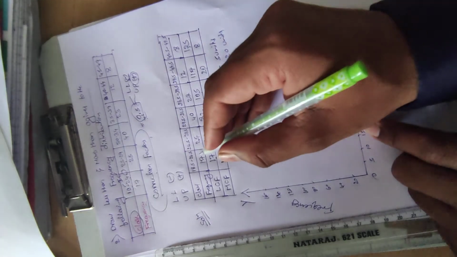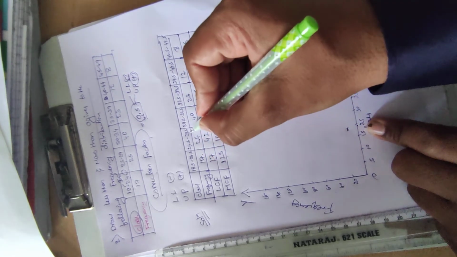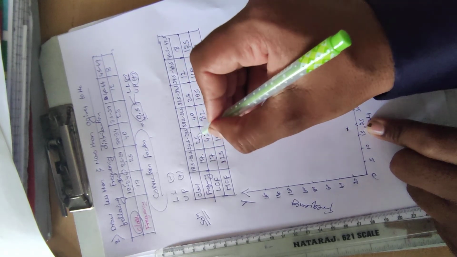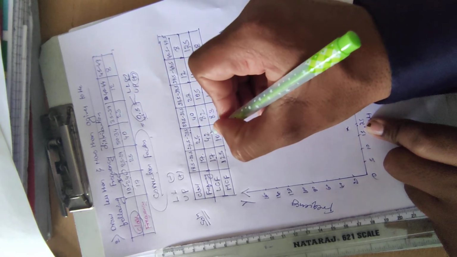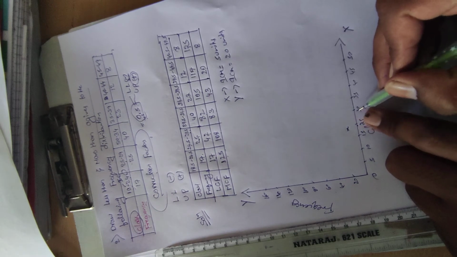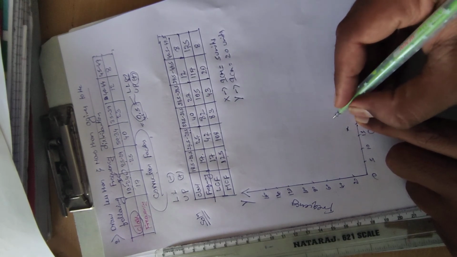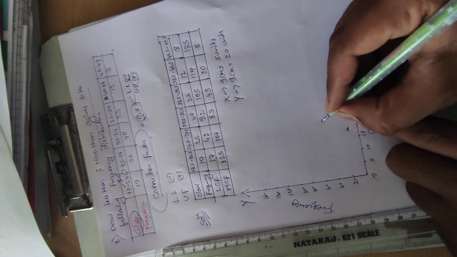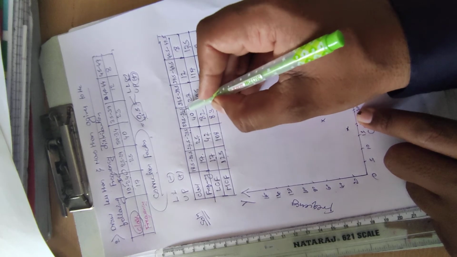Next, coming to the next class interval, the upper limit is 29.5. 29.5 will come here. The LCF is 42. Next, coming to the next class interval, 34.5.